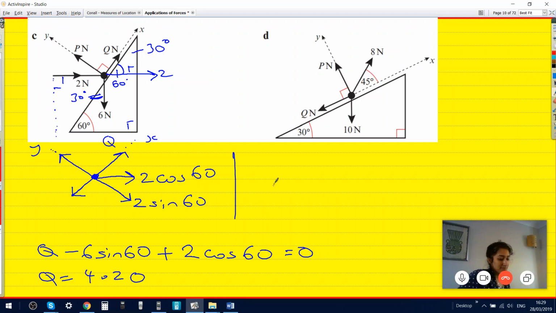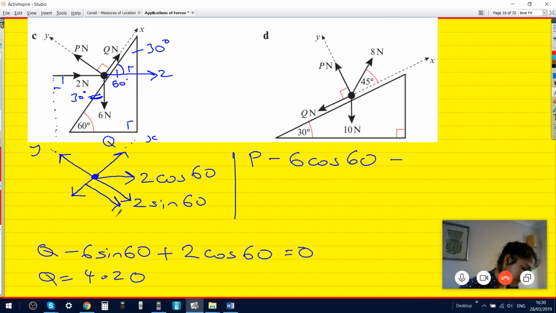And then, for the y direction, we have, my diagram's such a mess I can barely see anything. Oh, look at yours. P minus 6 cos 60. Oh, what else is there?